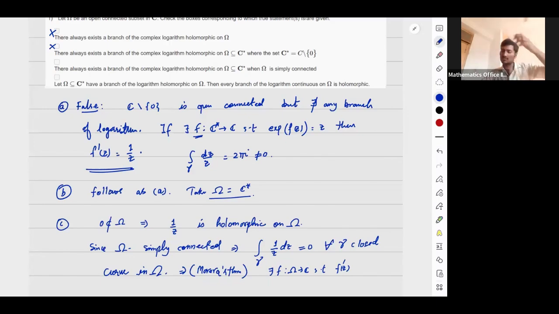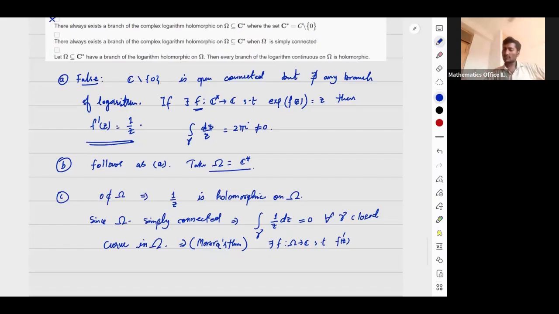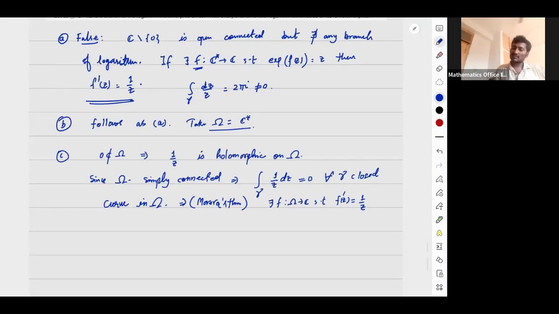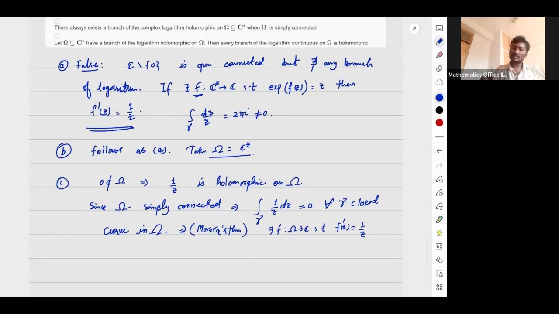I was saying something else and writing something else, sorry for that. So Morera theorem tells there exists some function f from omega to C with the condition that f prime of z is equal to 1 by z. Now it has an antiderivative. So f prime, which is 1 by z, is holomorphic, so f is also holomorphic, whose derivative is defined everywhere. So we get a branch of logarithm. This is what we were searching for. So this is true.